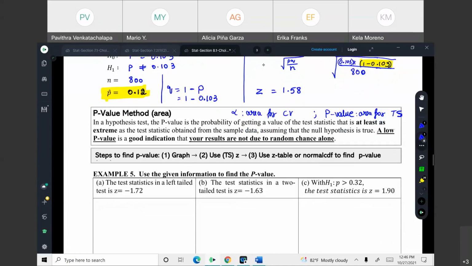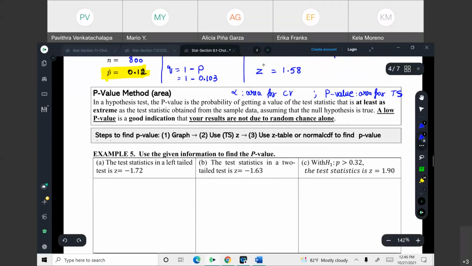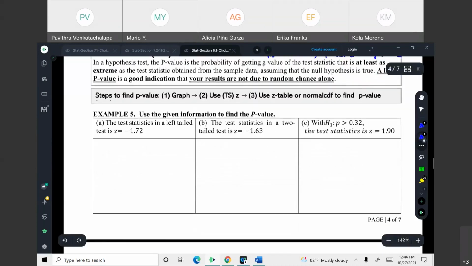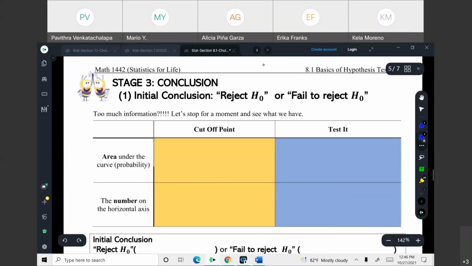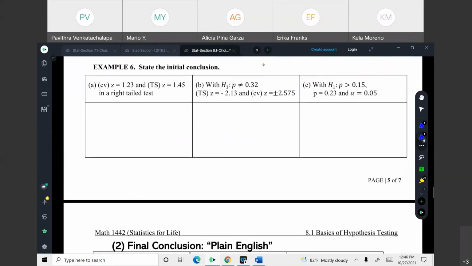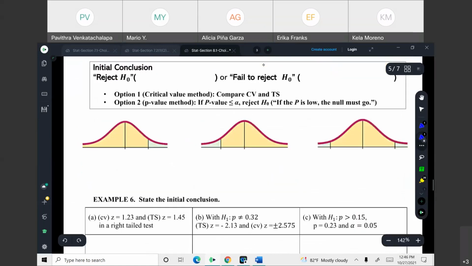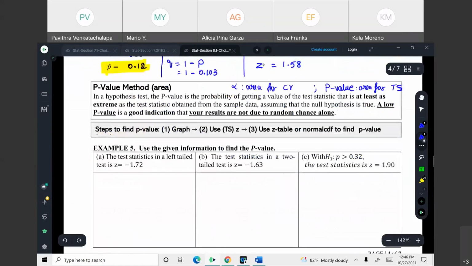So you will have lab 8 mainly on this. You have to identify the p-value and check the claim. You have to test whether to reject or fail to reject the null hypothesis. Okay. So we have a few more to do.